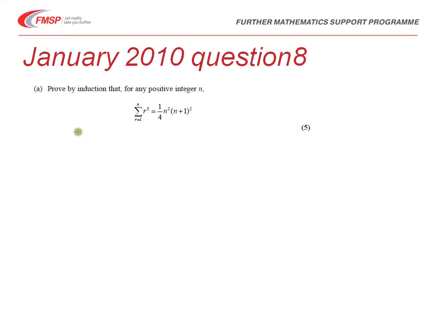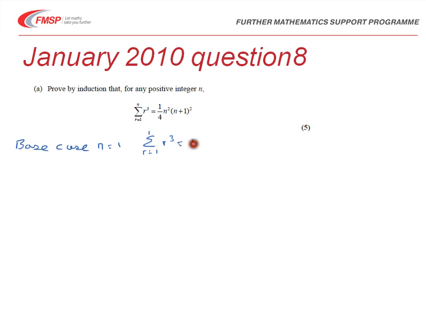The first type is proving one of these standard results for series, in this particular one for sigma r cubed. So we take first of all the base case, and that's when n equal to 1. What we're saying then is the sum from r equals 1 up to 1 of r cubed.